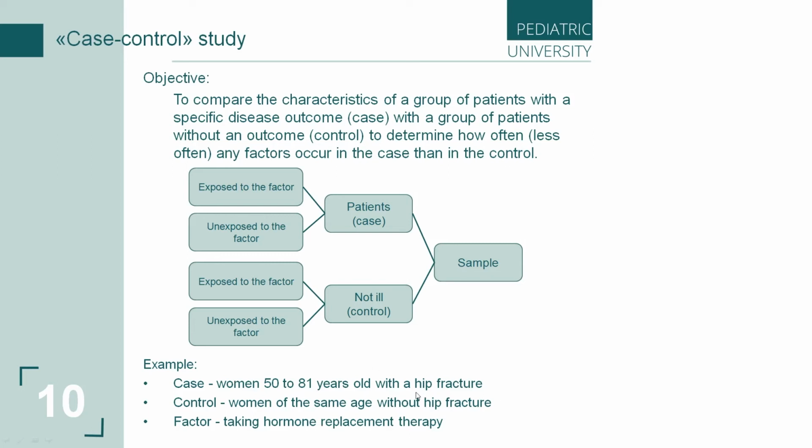Woman with a hip fracture. Control: woman of the same age without hip fracture. And the factor: taking hormone replacement therapy. Accordingly, if we look at the chart on the slide, in the case group with the hip fracture, there were women who were taking hormone replacement therapy, and those who were not taking it.